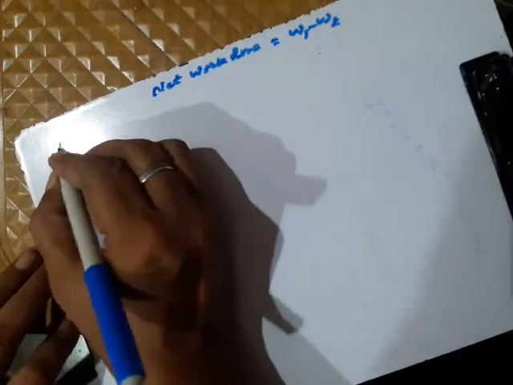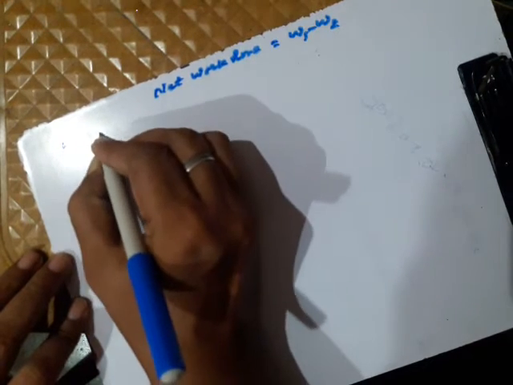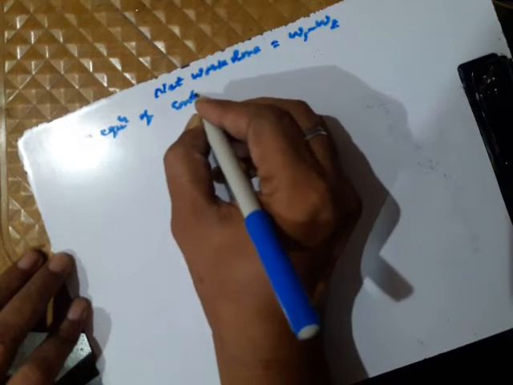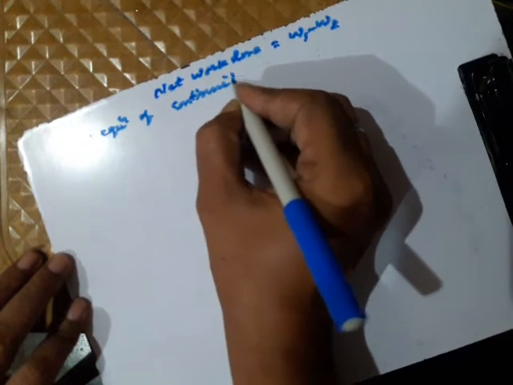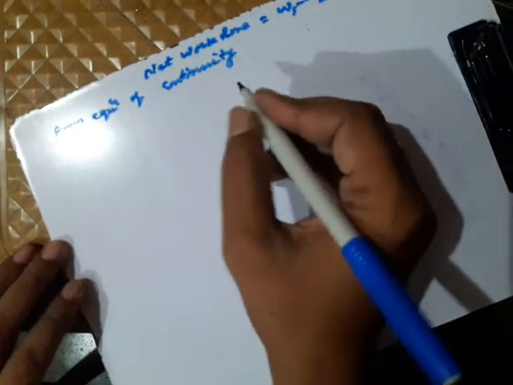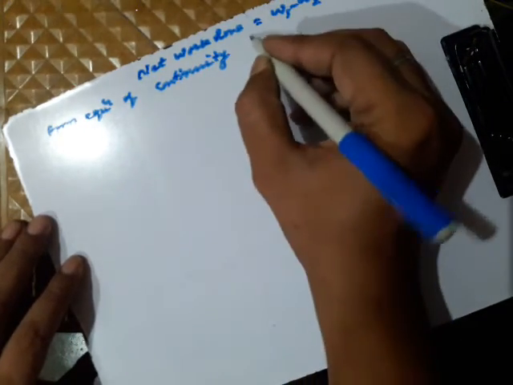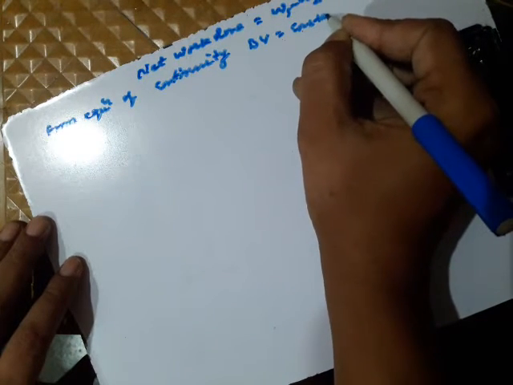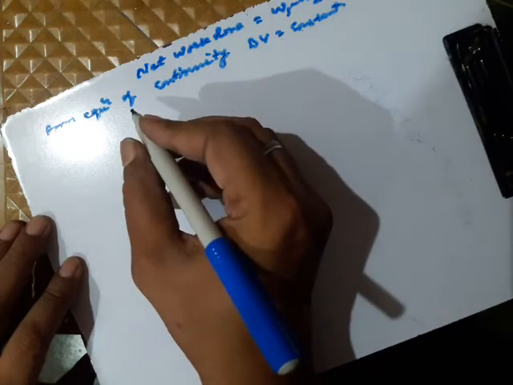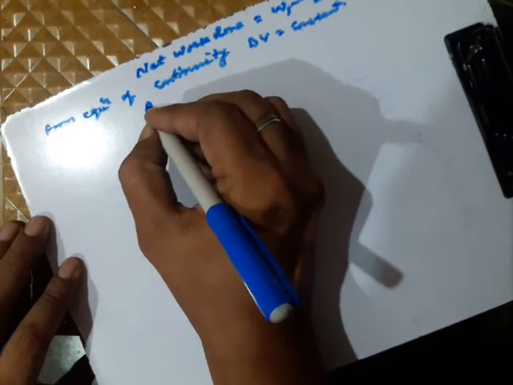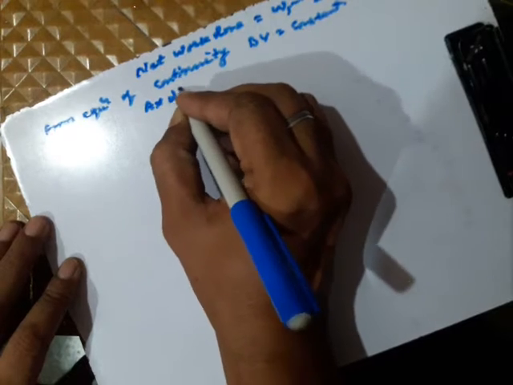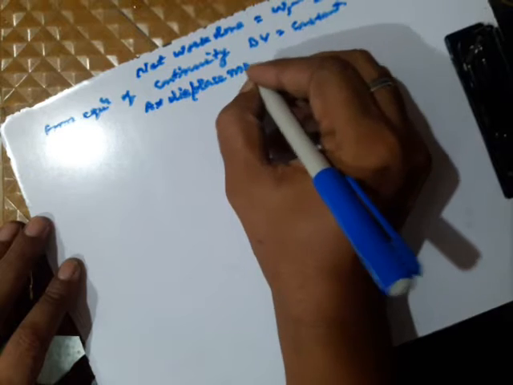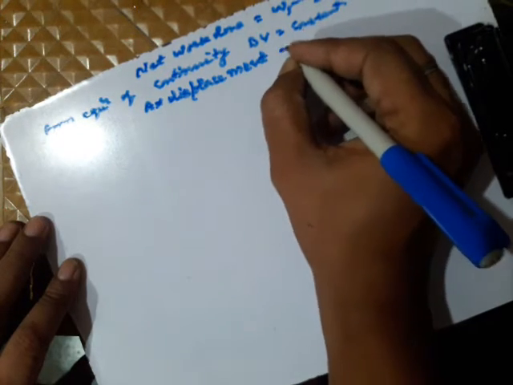From the equation of continuity, delta V is equal to constant: A into displacement gives volume.